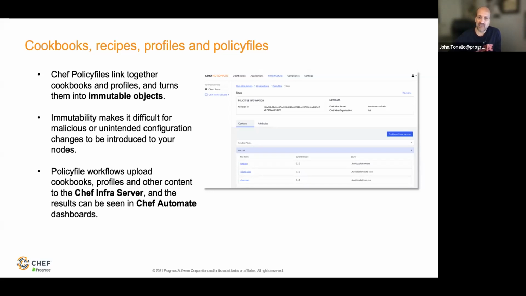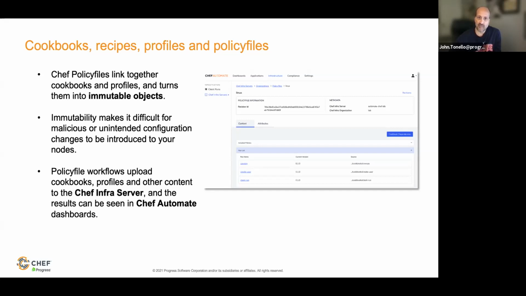So policy files actually bundle together cookbooks, profiles, attributes, a bunch of other information, push it up to the Infra Server where it can be reached by the nodes, and they become immutable objects, meaning that if they change, they need to be fully changed, and their revisions are stamped, so you can lock in on certain versions of policy files.